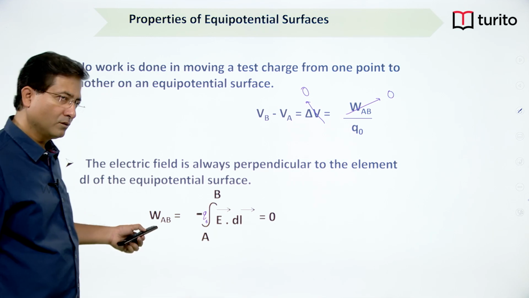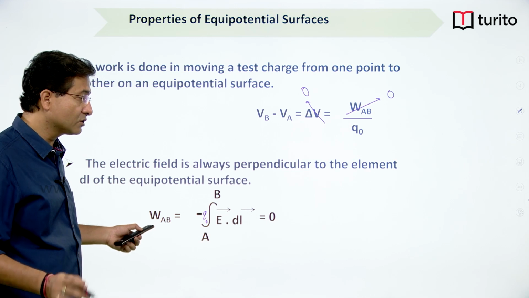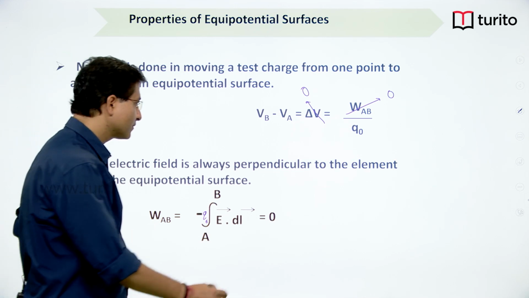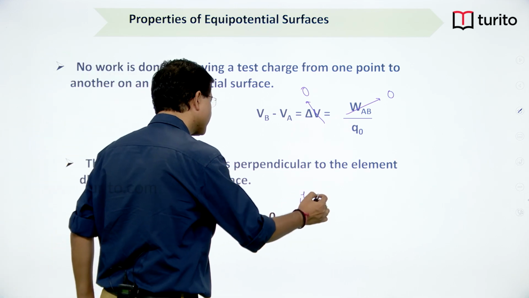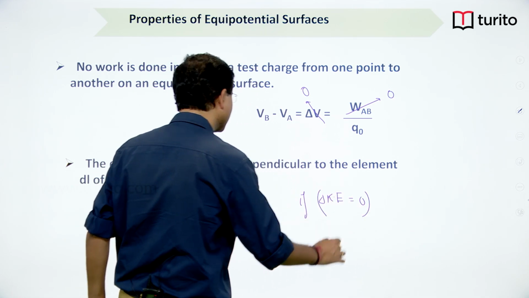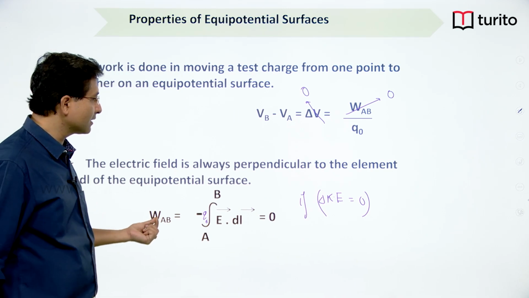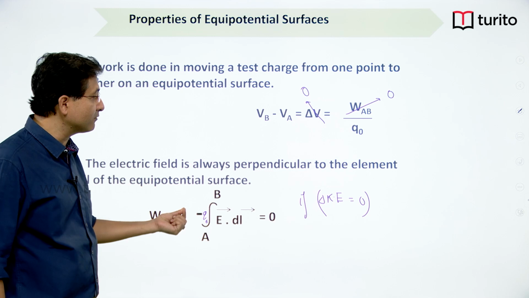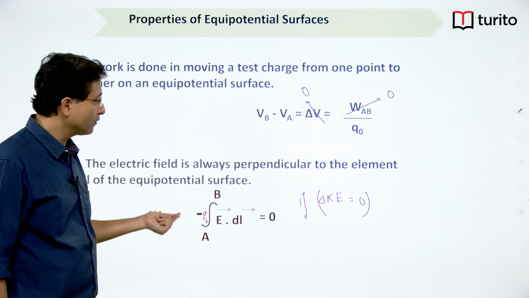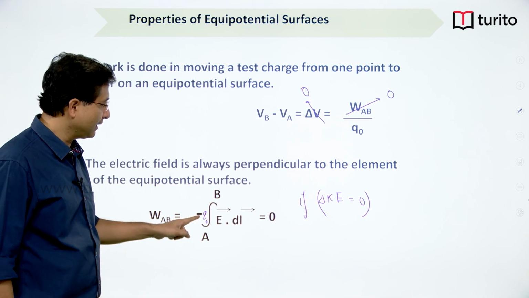So, work done is equal to the work done by the external agent, if there is no change in kinetic energy, since we are doing it slowly. So, the work done by the external agent is equal to the negative of the work done by the field, and the work done by the field is force into displacement, right.